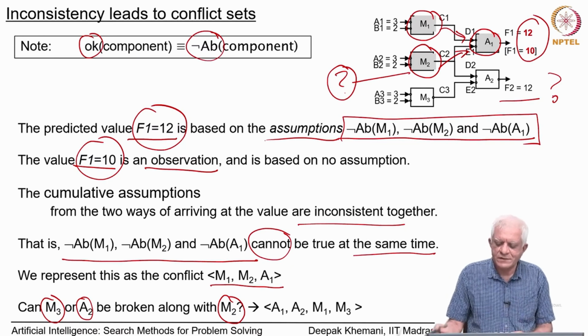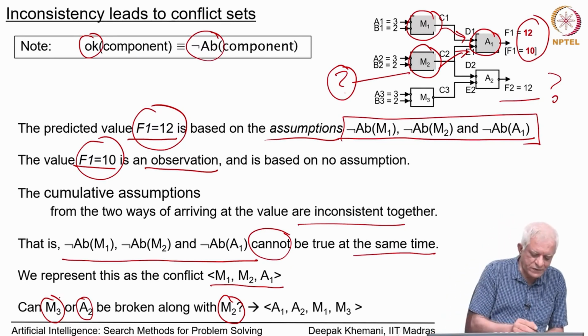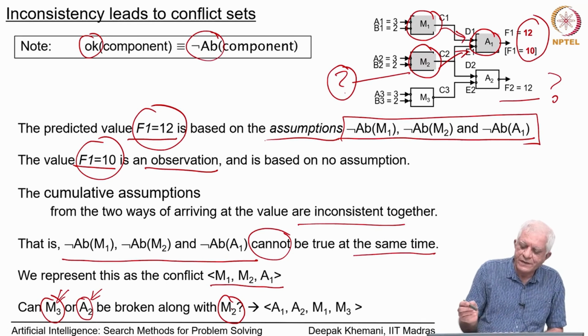The answer is that either M1, M3 or A2 is faulty. So, that is what we have written here. Is it possible that M3 and A2 are possible along with M2? Because if M2 is going to be faulty, then how do we see this value?